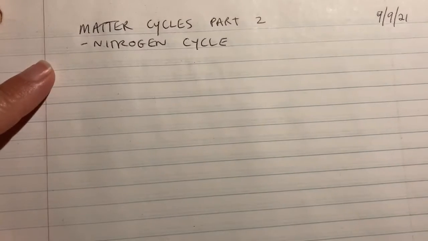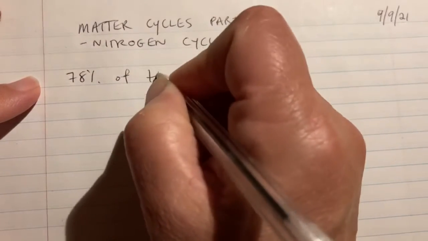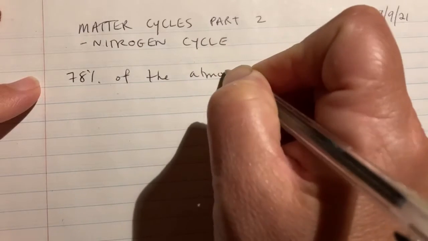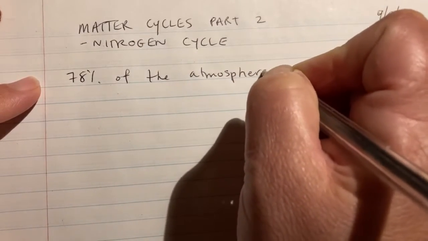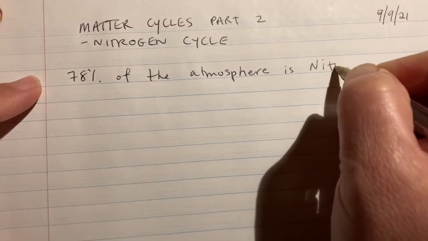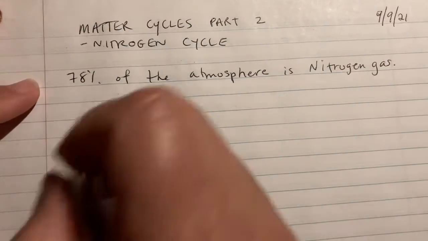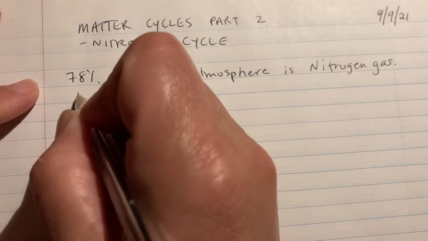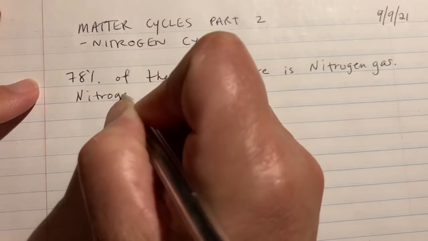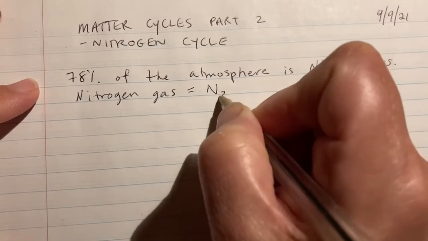I wanted to make sure you got down in your notebooks that about 78% of the atmosphere, or of course the air, is nitrogen gas. Nitrogen gas has the chemical formula N2.